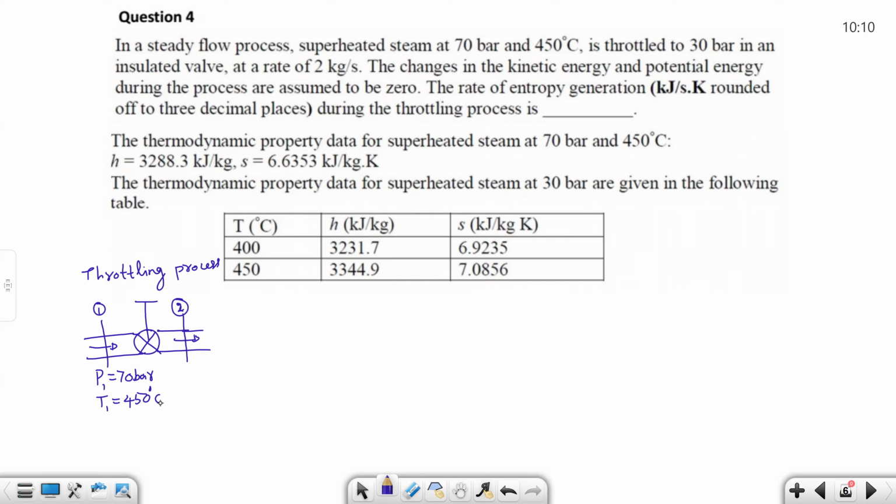Changes in kinetic energy and potential energy are assumed to be 0, and mass flow rate m dot, it's a steady flow device. So whatever mass is going through section 1 will go through section 2, and mass flow rate is 2 kg per second.